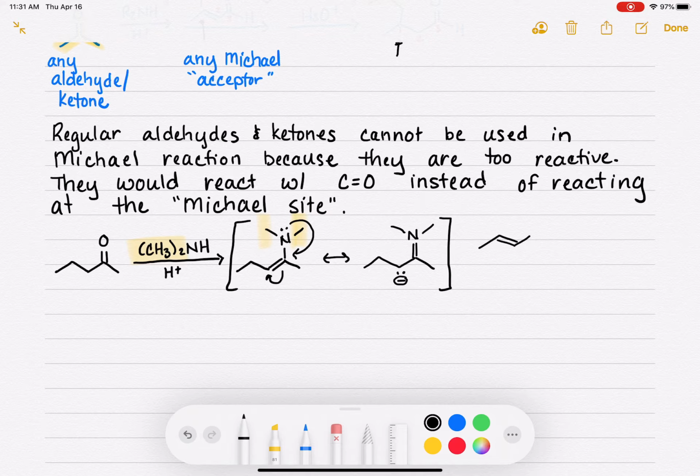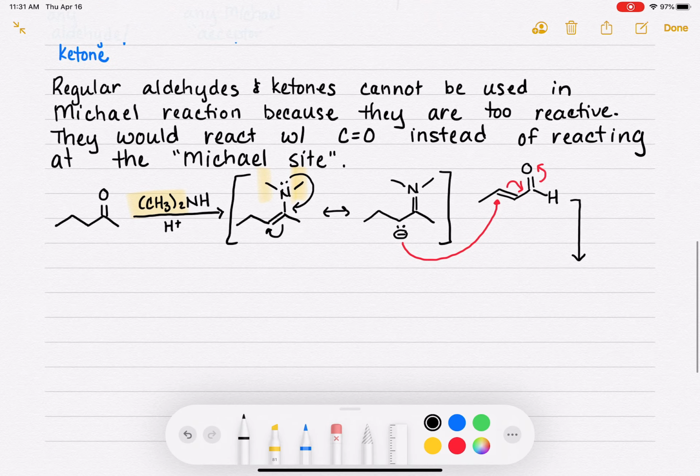So now we're going to bring in our conjugated molecule, and you can see that it's going to attack out there at the end, move some electrons around. So here is where it's really resembling a traditional Michael reaction.